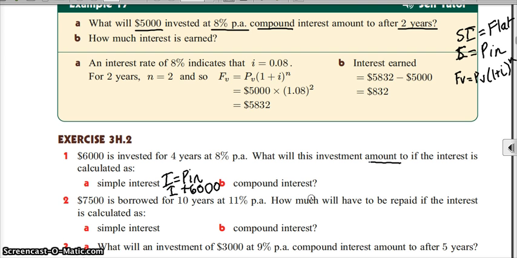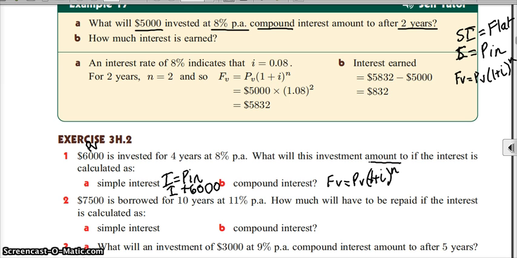In this one, it's saying how much compound interest. 1 plus i raised to the power of n. What's your PV here, Brian? What's your present value? What's the amount you're going to invest or the amount you're loaning? 6,000. 6,000 is PV.